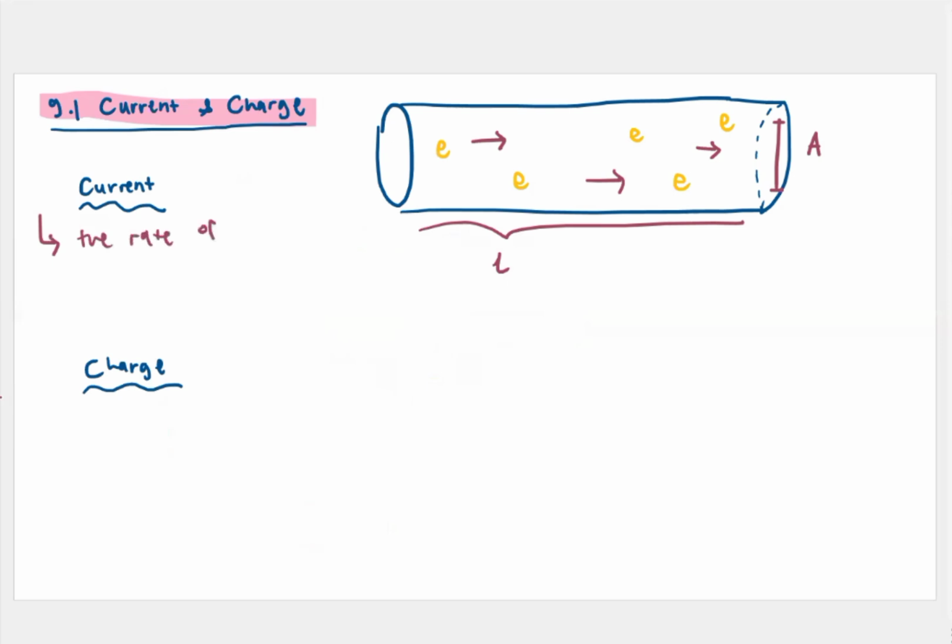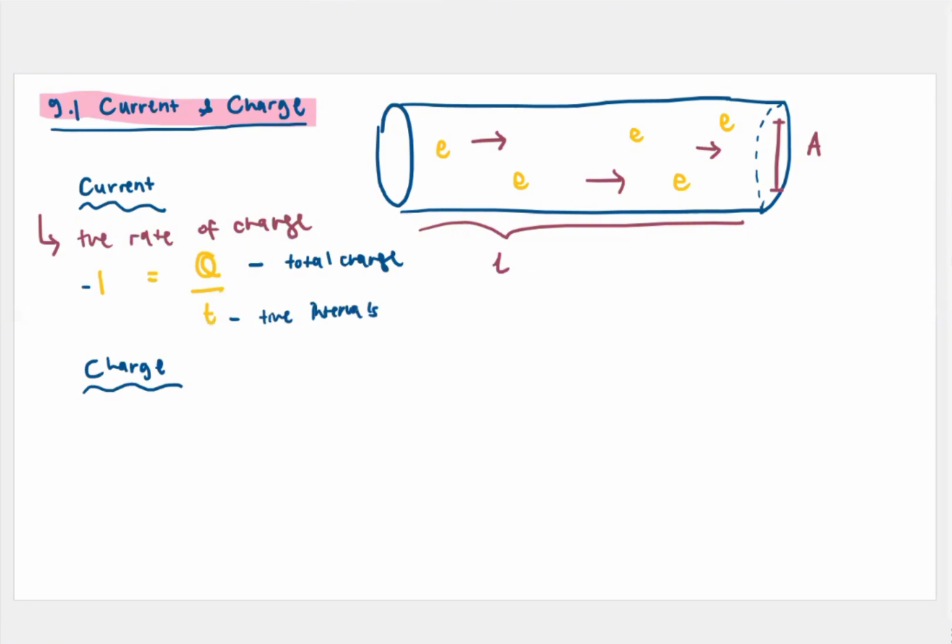We can write this down in an equation as I equals Q per t, because we know that rate is anything divided by its time. Alright, let's label it. Q will be the total charge, remember, total charge, and then t is the time taken or the time interval, and finally I is the current.